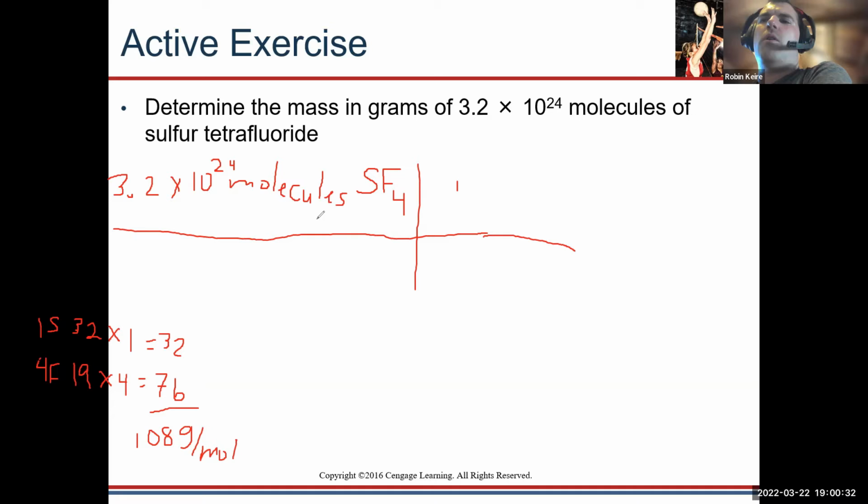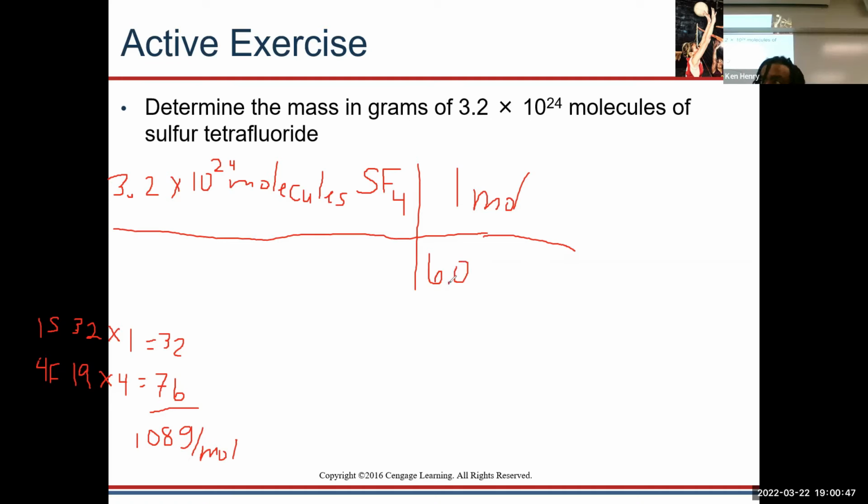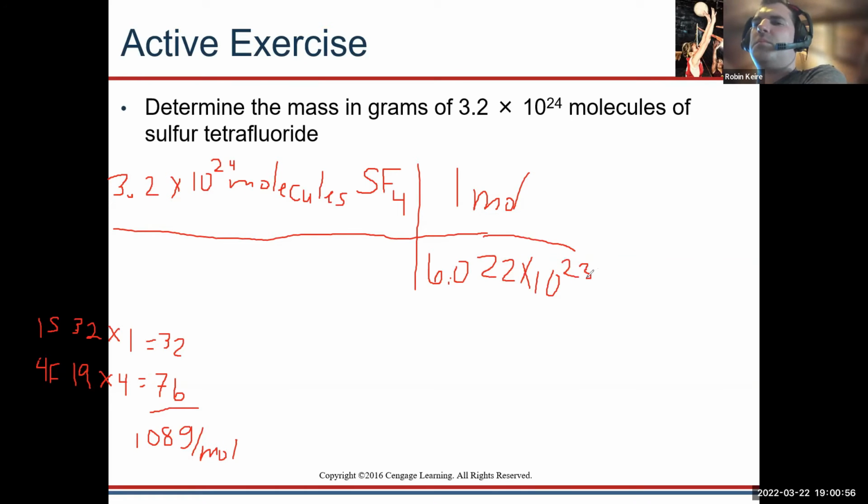It'd be 1 mole over Avogadro's number. And that number is what? 6.022 times 10 to the 23rd, and that's molecules. And then you would have 108 grams over 1 mole.